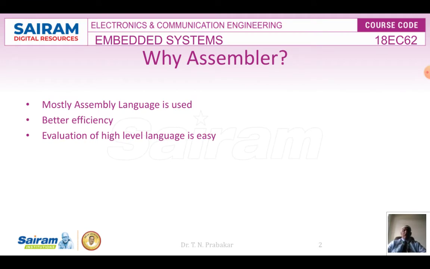We will get into module 2. First we will start with what is an assembler, and why I have to go for an assembly level language. Generally we know the assembly level language is mostly used in all the microcontrollers or microprocessors. Why? Because whenever we design a microprocessor or microcontroller, this assembly level language is tailored or customized according to the architecture.